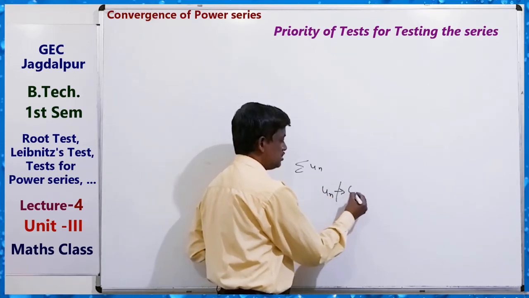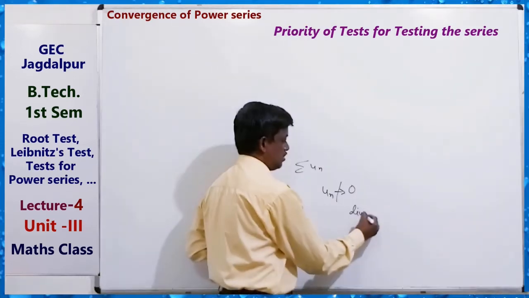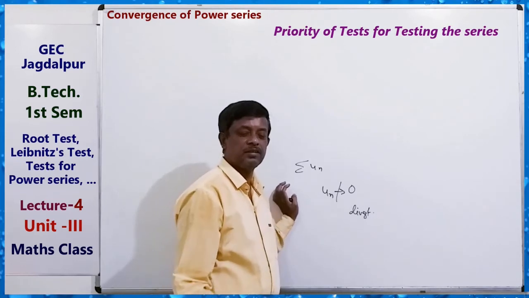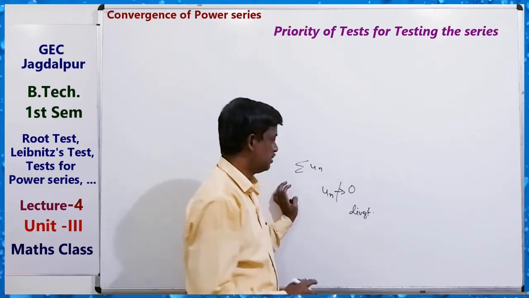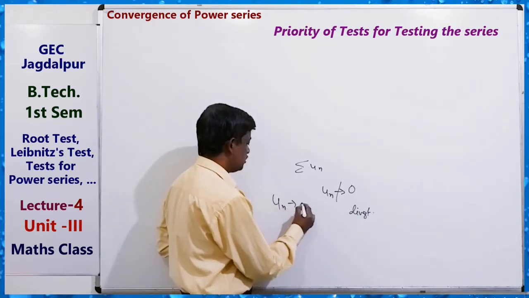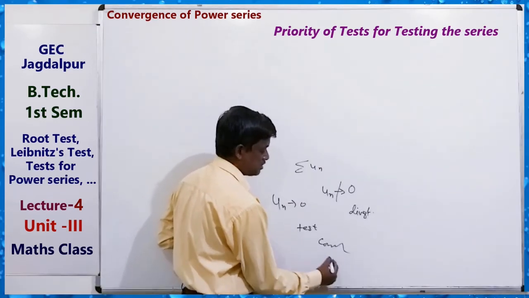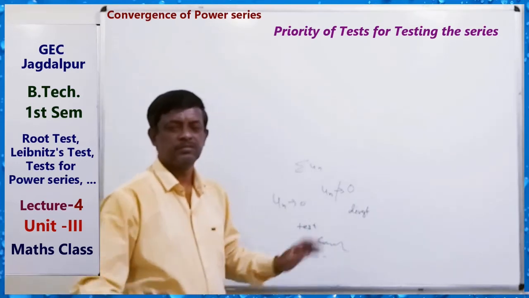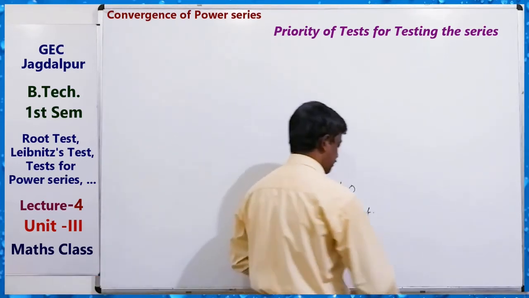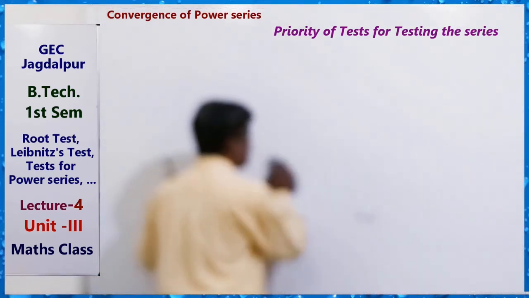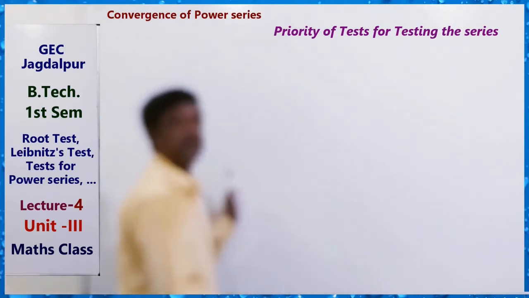If not tending to 0, divergent. By which method? Cauchy's fundamental test of divergence. If un tending to 0, then test comparison test and etc. And any of the tests you can use. Okay, for power series, we can use ratio test.